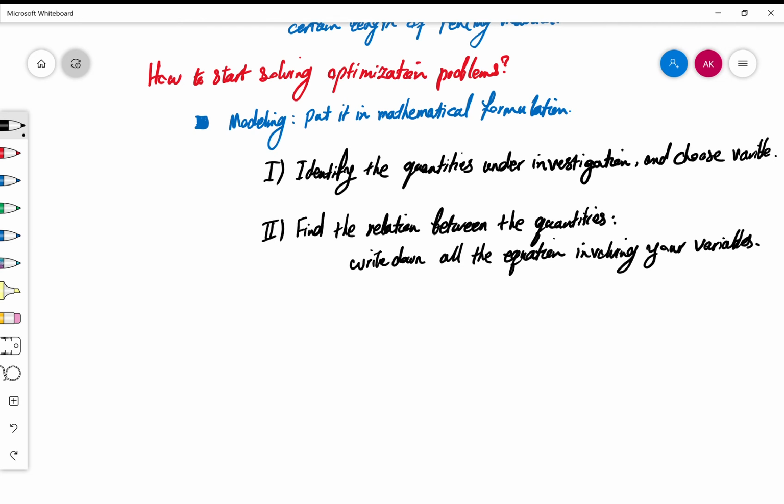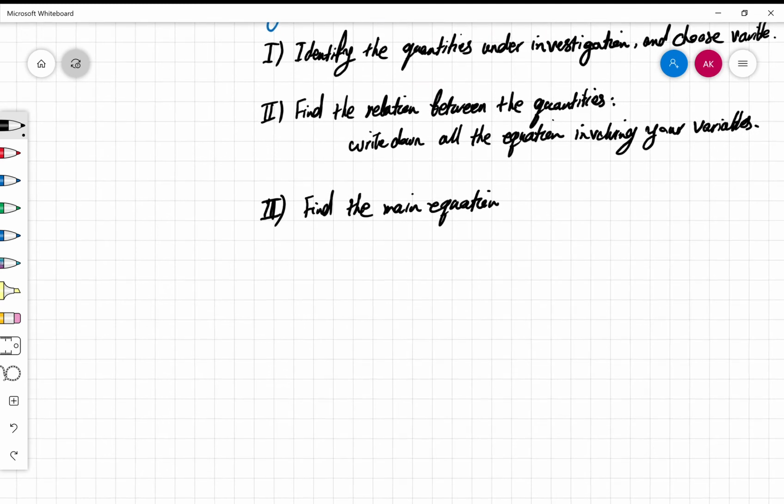You may find more than one equation, but at the end, what is important is that you have to combine these relations and make one big equation that you will study. So find the main equation. What would the main equation be?